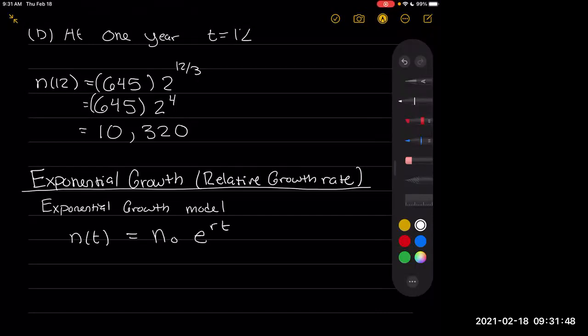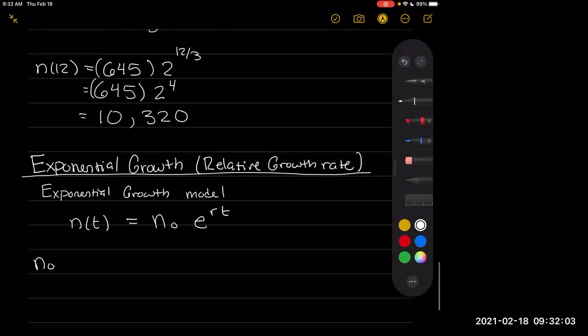You might think that this looks very familiar because it looks almost identical to our continuously compounding interest formula, except instead of a P, we have an N naught. But it's a very, very similar idea. And so where N of t is the population at time t, and N naught is the initial population.